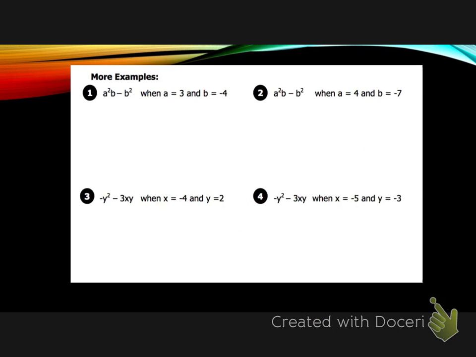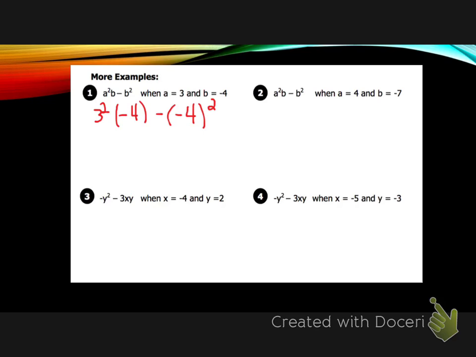So let's look at some more examples here. A squared B minus B squared when A equals 3, B equals negative 4. So again, we're just going to rewrite the equation. 3 squared times B, which is a negative 4, minus negative 4 squared. Notice I put the negative 4 in the parentheses.